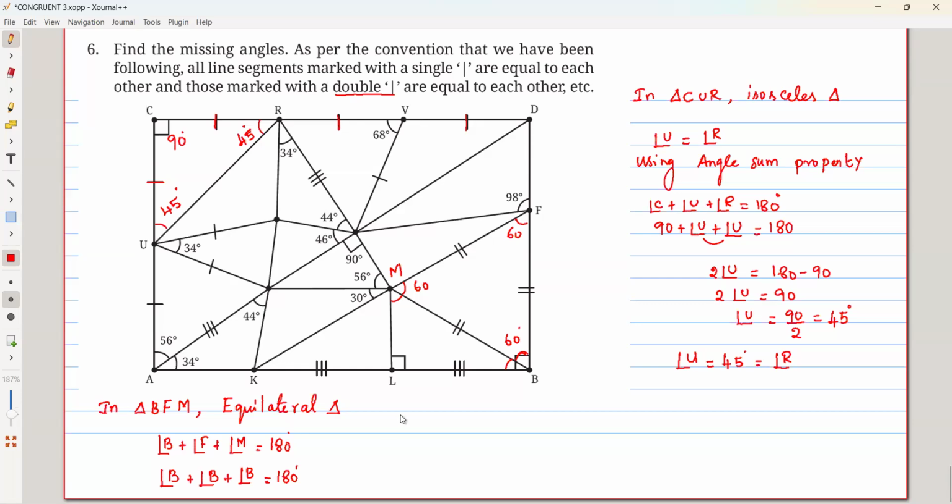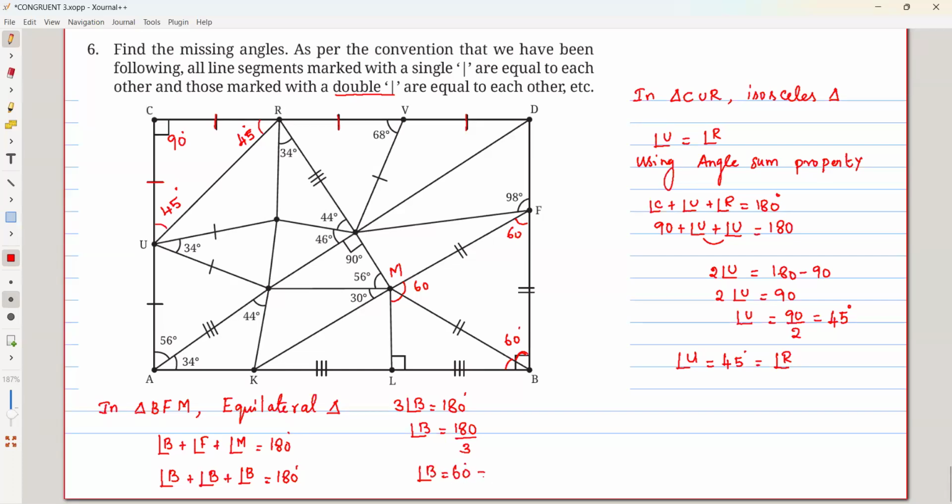So 3 times angle B is equal to 180 degrees. Now angle B is 180 by 3, which is 60 degrees.